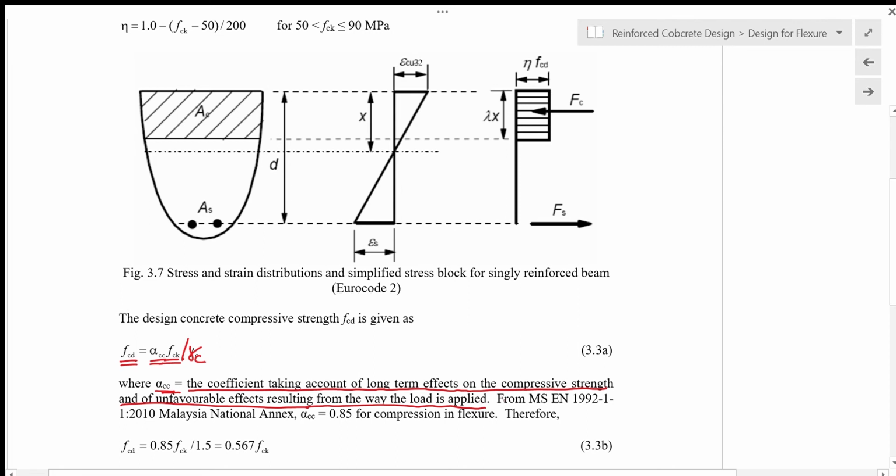From our Malaysia National Annex, it's recommended that alpha cc is taken as 0.85 for compression in flexure or in bending. Therefore we substitute alpha cc equals 0.85 and the partial safety factor for concrete of 1.5. Then we get fcd equals 0.567 fck.